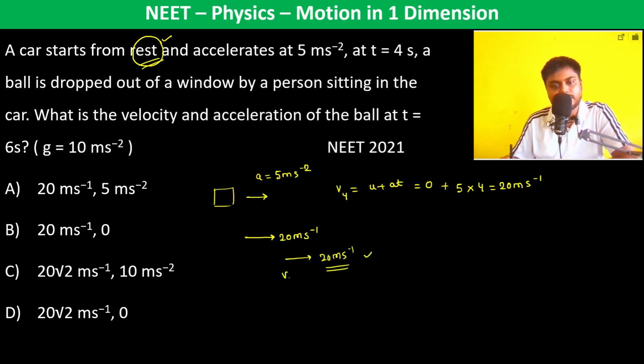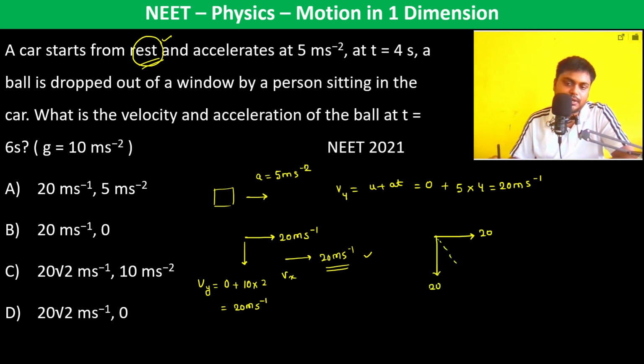This is the velocity in x, but velocity in y will be 0 plus gt, which is 10 into 2, which will become again 20 meters per second. So this was the condition, 20 in this direction, 20 in this direction.